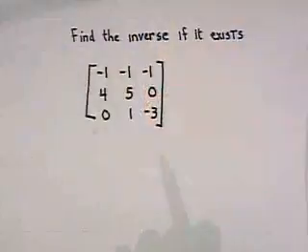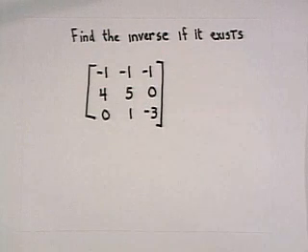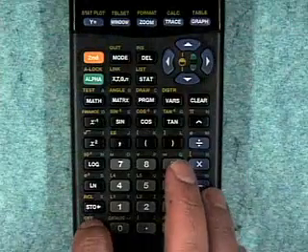Let's consider next finding the inverse of a larger matrix. Here's a 3 by 3 matrix. We'll use our graphing calculator to go ahead and try to get this problem under control and see what happens. Let's go over to our graphing calculator.